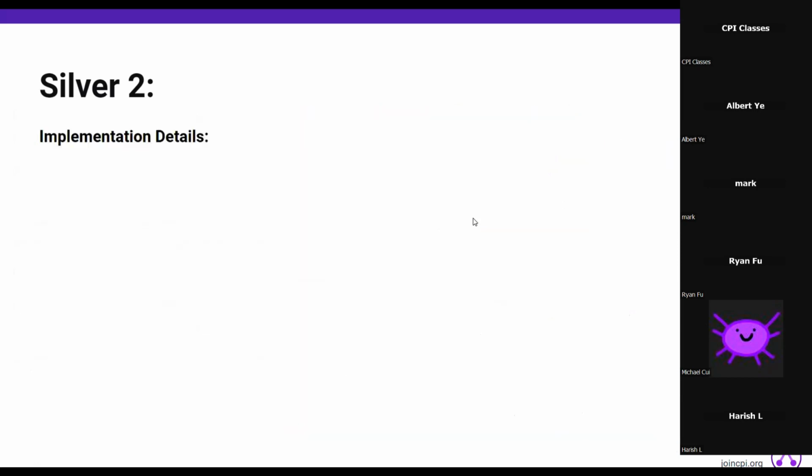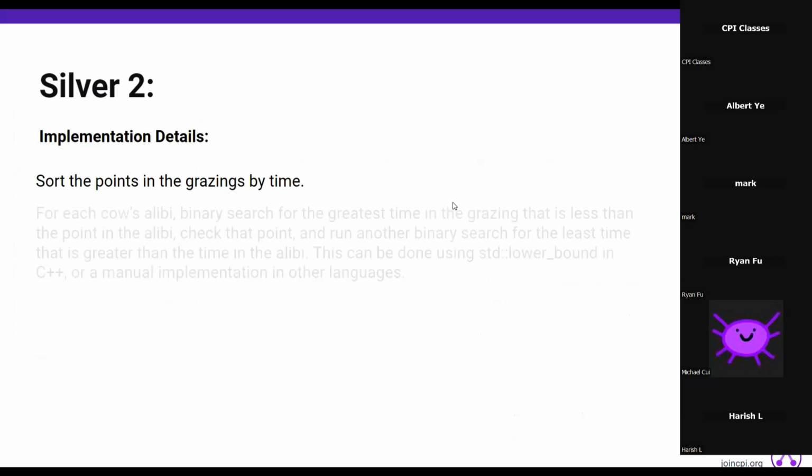Okay, now let's go over implementation details. We are first going to sort the points in the grazing by time, because this is the only order that the cow can travel to commit the crime. You cannot reach a point that is later in time if it has an earlier time in the input.